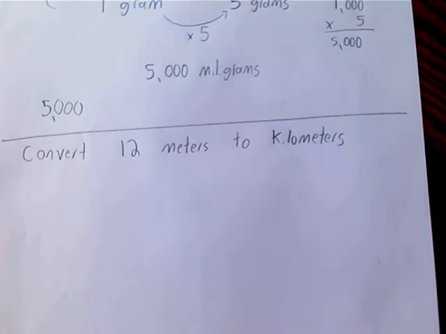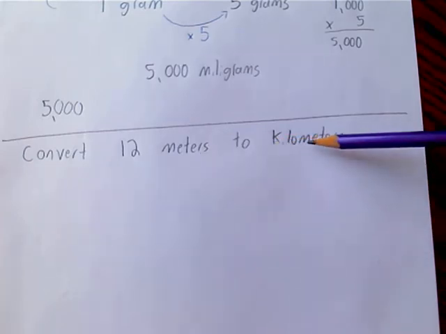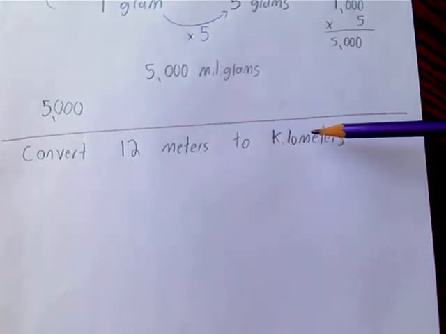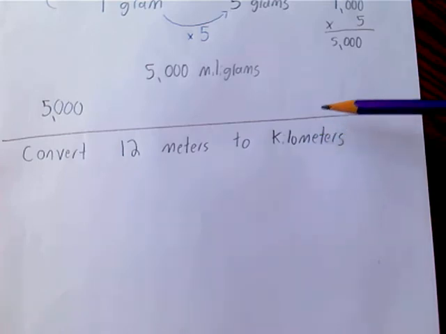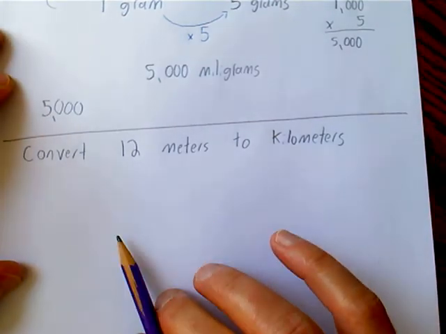Okay, we're going to start the same way. We're going to make ourselves a key. We have to ask ourselves, how many meters are in a kilometer? You can always look back to the notes that we took yesterday to figure out what that ratio is, because that's what we're going to start with. It doesn't matter what's on top or what's on bottom.